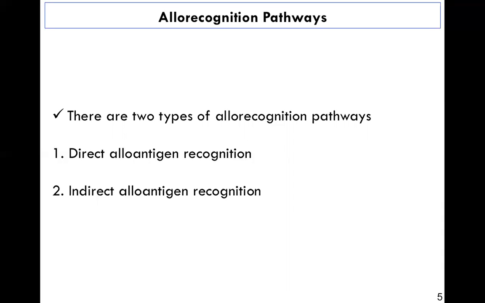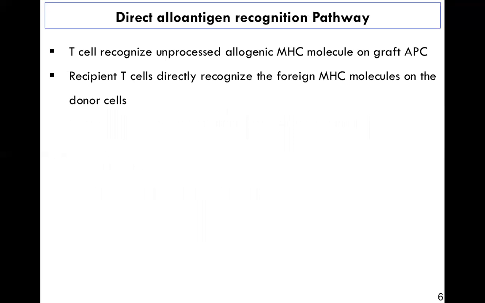So let's try to understand what these pathways mean and how they happen. Look here at the direct alloantigen recognition pathway. What happens in this pathway? The T cell recognizes unprocessed allogeneic MHC molecules on the graft APC, and the recipient T cell directly recognizes the foreign MHC molecule on the donor cell.